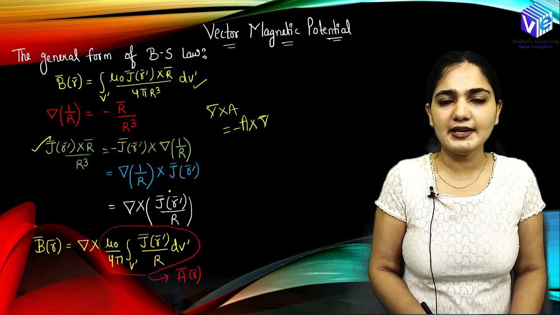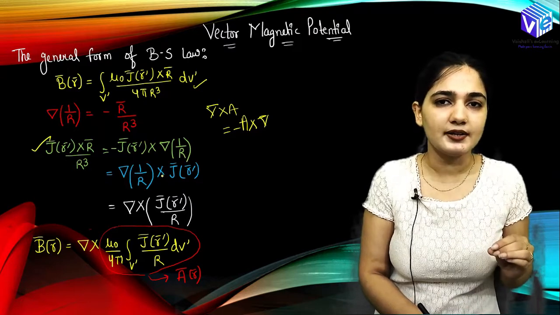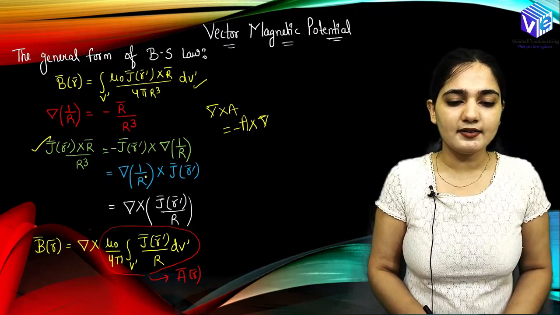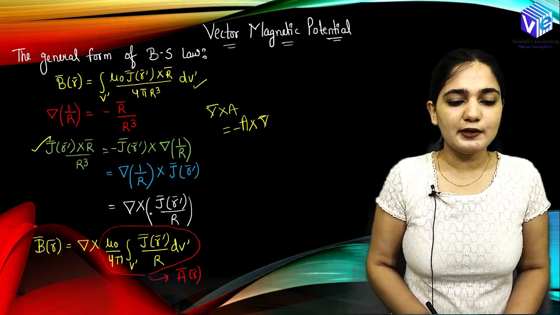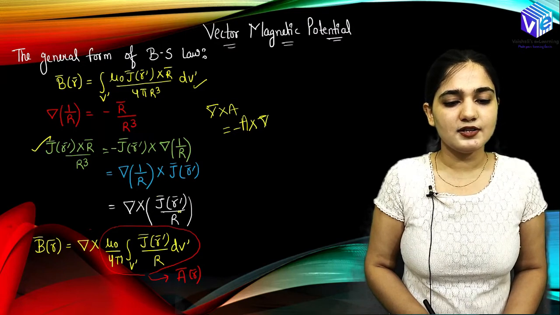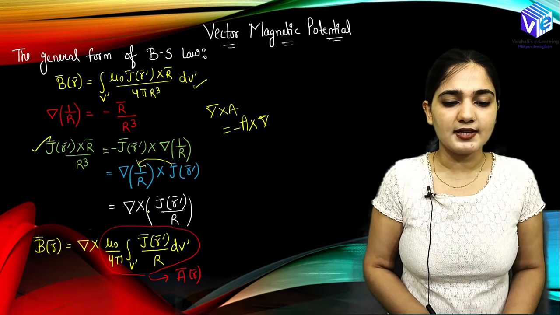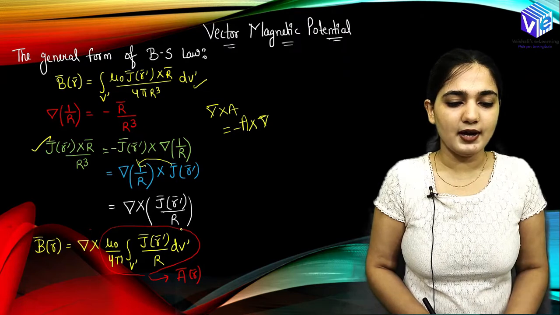This is the volume current density, and it is not going to change with r. So I can take Jr inside because it's a constant. Here I can represent it as del cross Jr upon r. So I have taken this J inside, and here we will have del cross Jr' upon r.